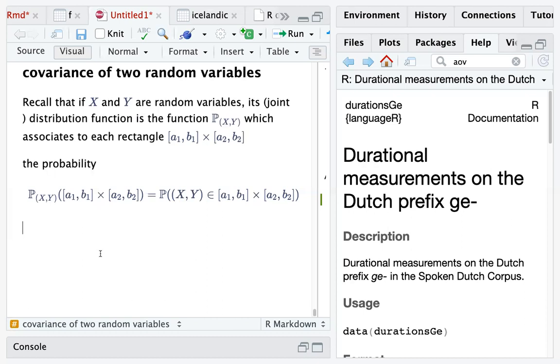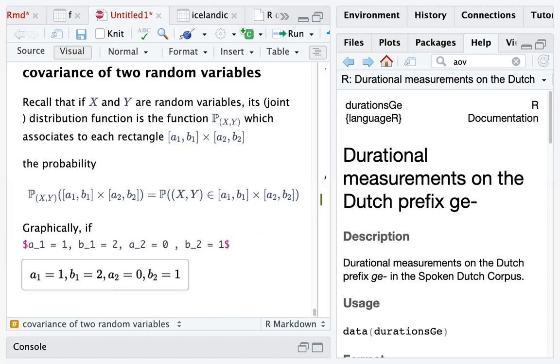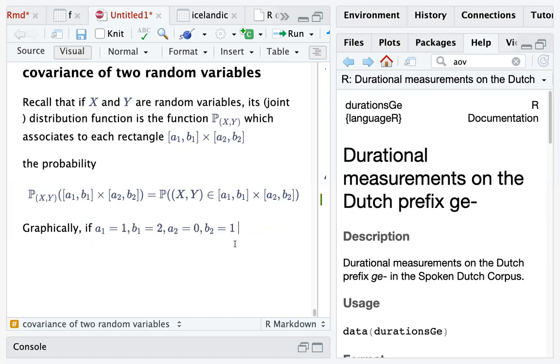So in other terms, graphically, let's take A1 equal to 1, B1 equal to 2, A2 equal to 0, and B2 equal to 1. And let's look at this rectangle.